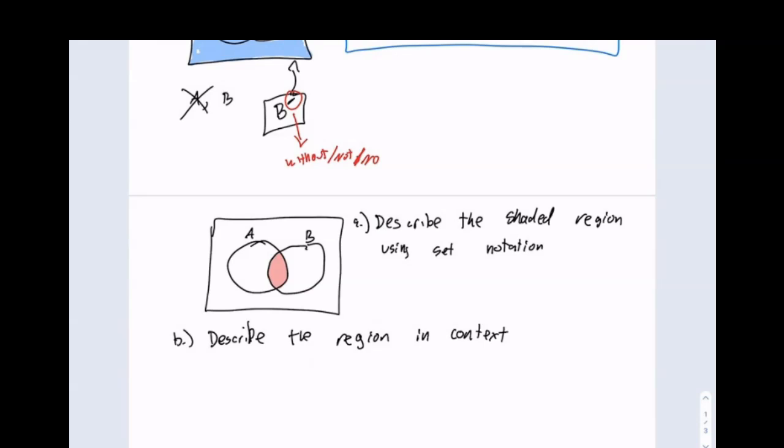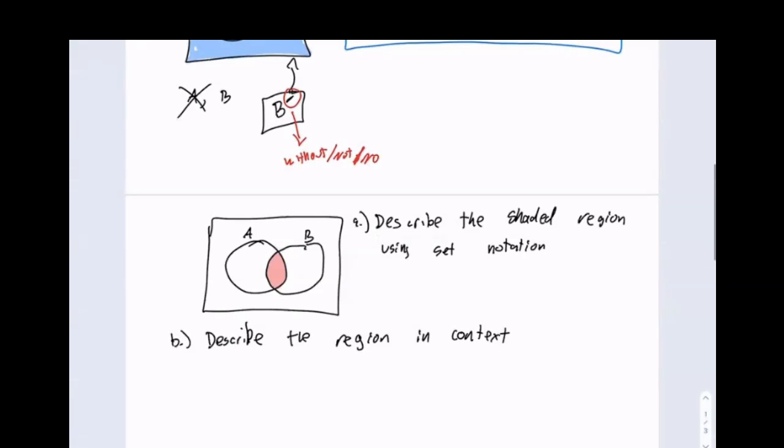Here's another way of thinking: it's an intersection. Very good. So this is an intersection because there's one single region. And what is the intersection of? A intersection B.